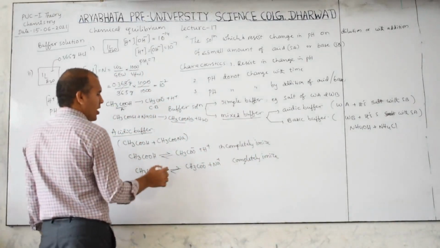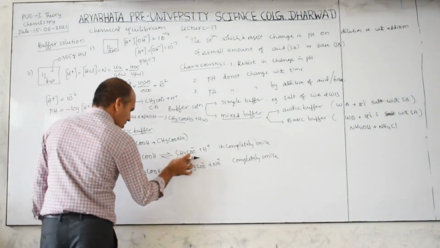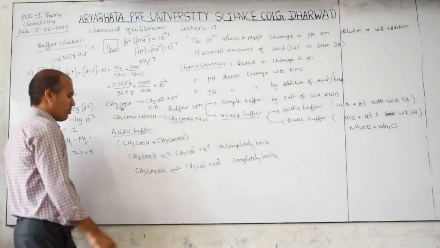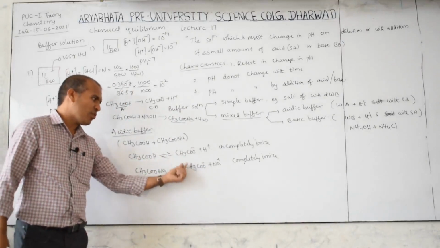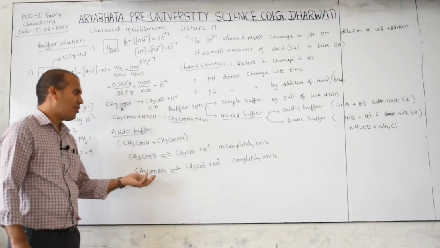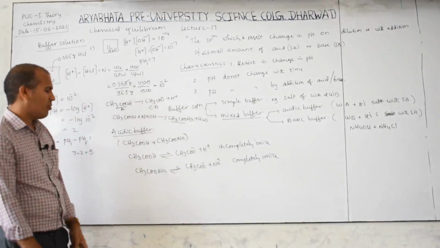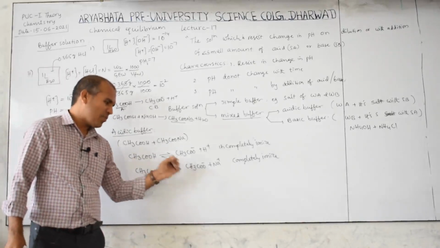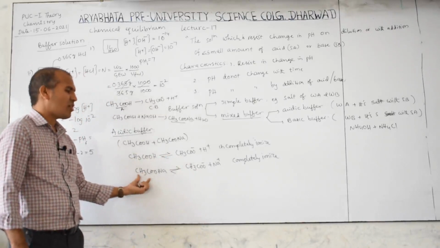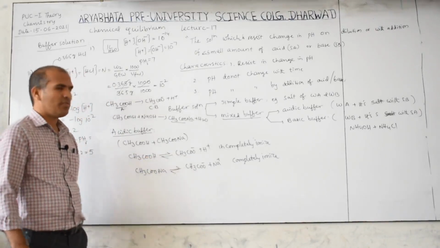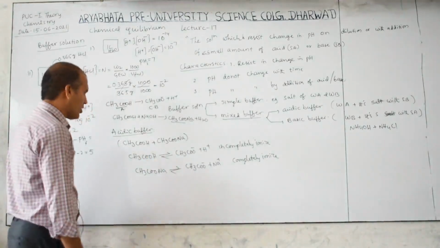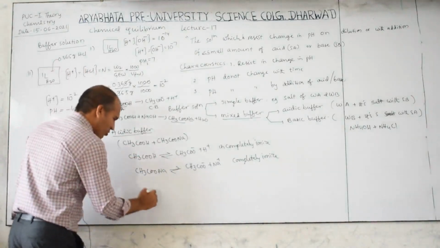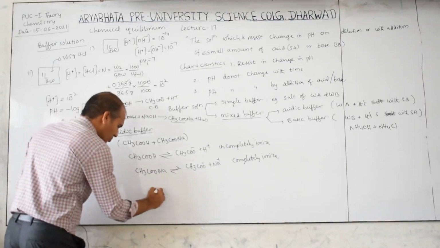Therefore, the concentration of acetate from the acid is negligible, because the acid is incompletely ionized. The concentration from the salt is more, because H plus and Na plus are different, but the acetate is common. Therefore, whatever acetate ion is produced is from the salt, not from the acid, because the acid is incompletely ionized and the salt is completely ionized.